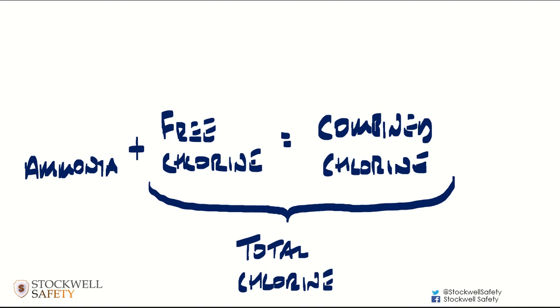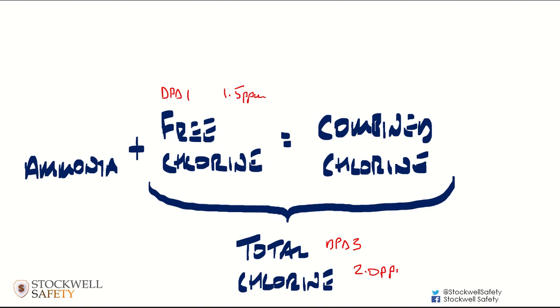So, for example, you test the free chlorine with a DPD1 tablet, and let's say you get a reading of 1.5 parts per million for the free chlorine, and then you go on to test total chlorine with a DPD3 tablet, and what you might find is, for example, that you have a total chlorine reading of 2.